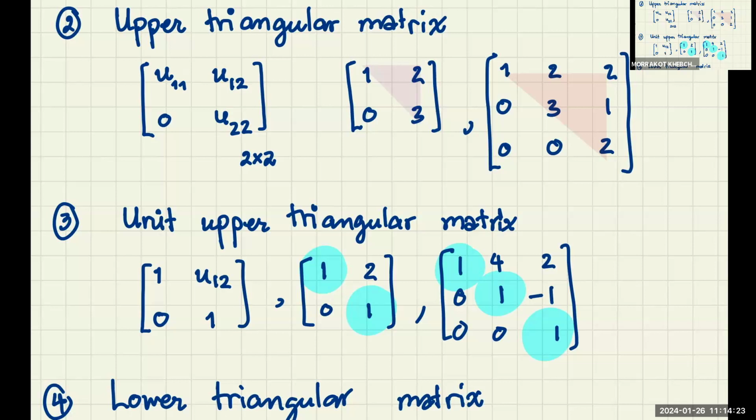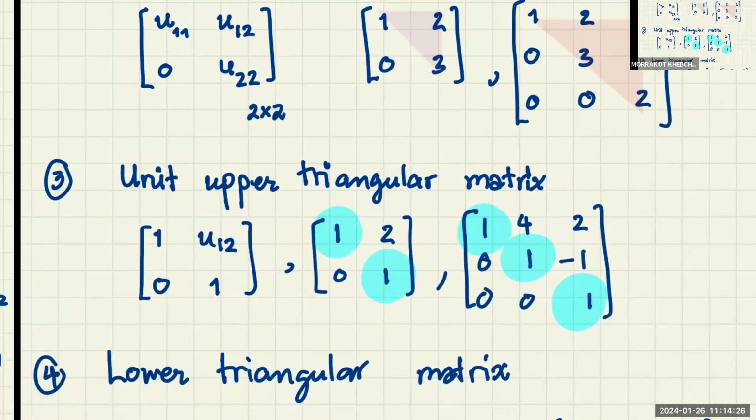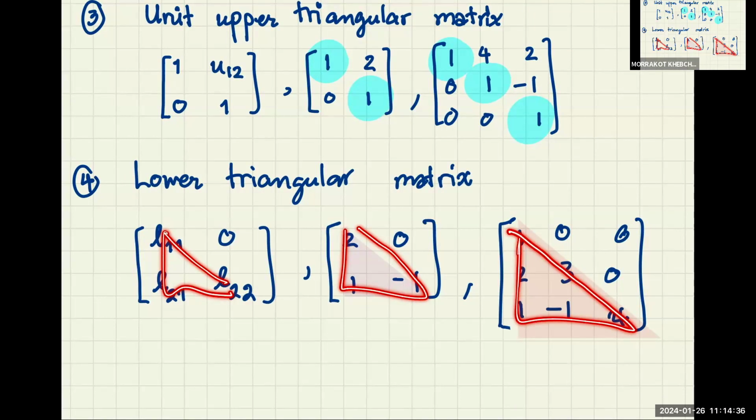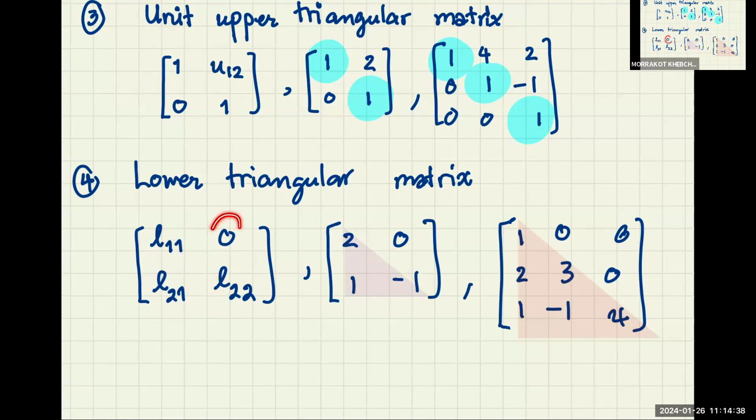The other type is the lower triangular matrix, which is like this. So you have values here, but the ones in the top corner here are zeros, all zeros. This one is called the lower triangular matrix.